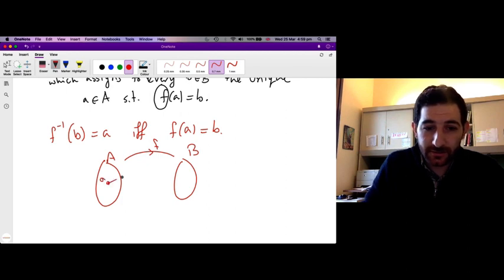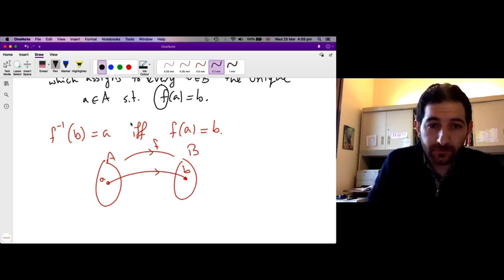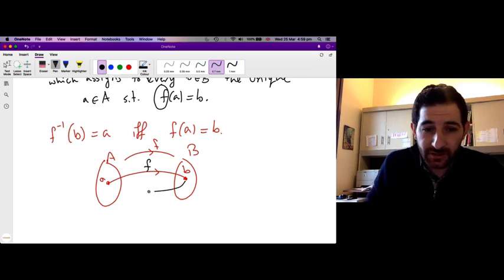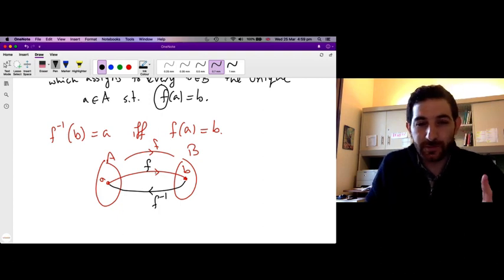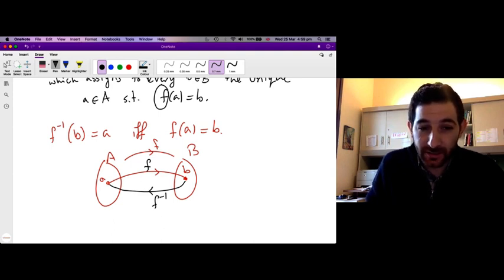F assigns A to the element B, and this is the element B. And this is the function f, and now the function f inverse assigns B to A. So f is a function from A to B, f inverse is a function from B to A, and the image of B under f inverse is A, where A is the unique pre-image of B under f.